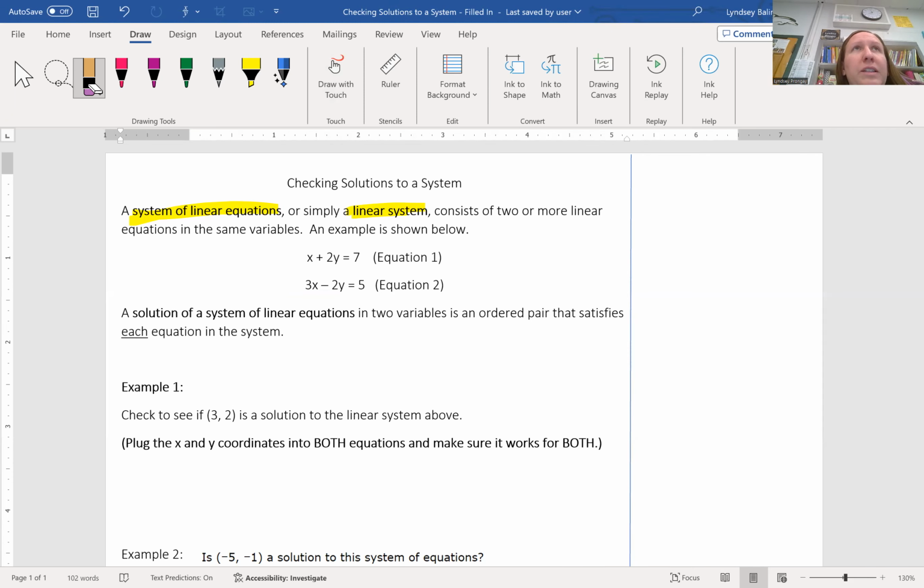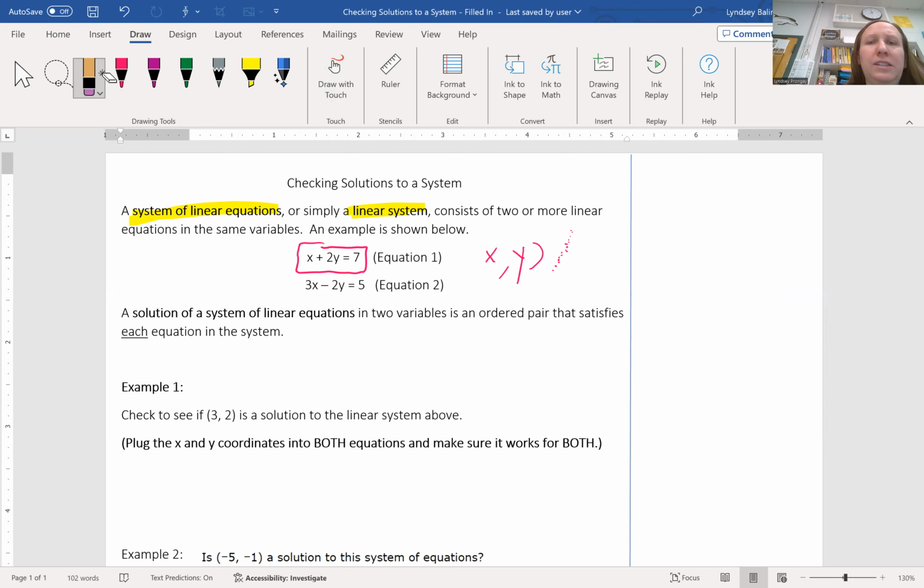Now, when we did linear equations, our whole big unit on that, the reason there is an x and a y in there is that there's a whole lot of solutions to that linear equation. When you have all those x's and y's put together in a row, that's what forms the line of the linear equation.